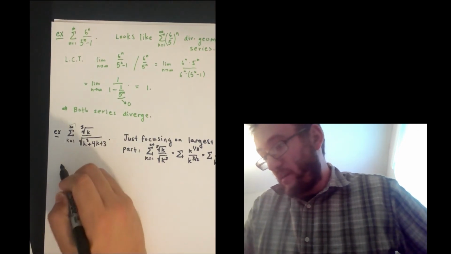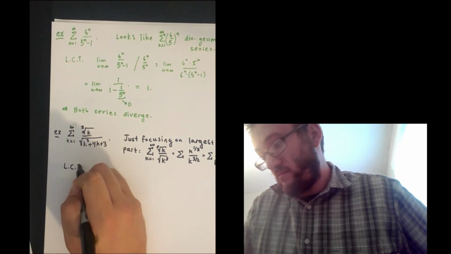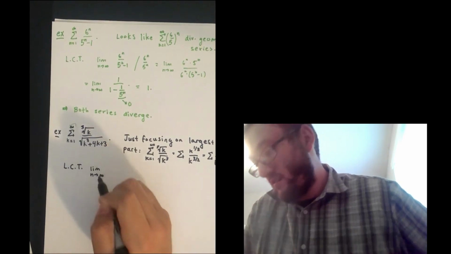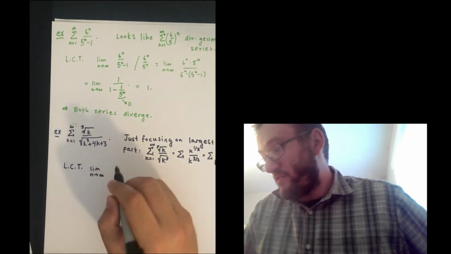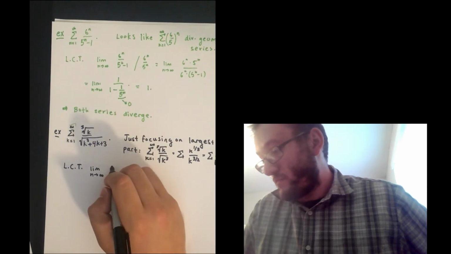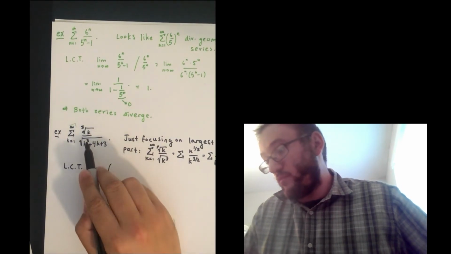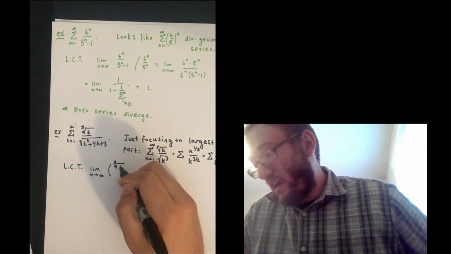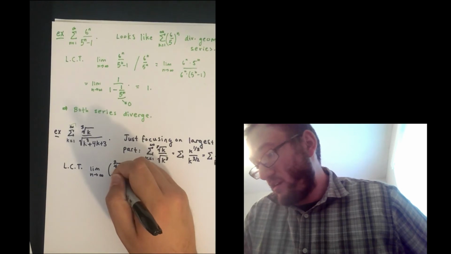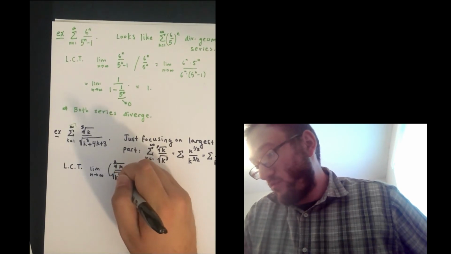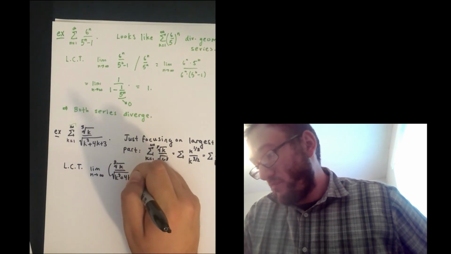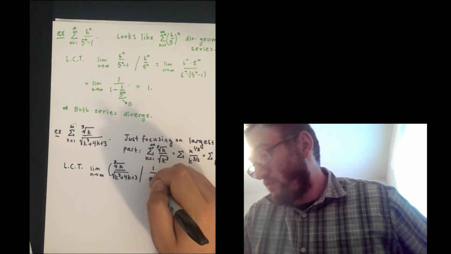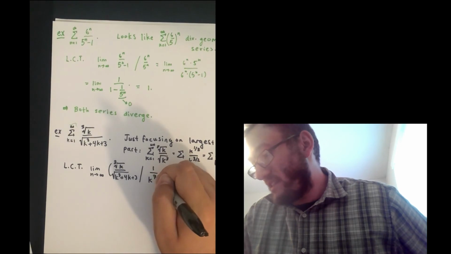So let's do the limit comparison test. Limit as k goes to infinity of the term of one series divided by the terms of the other series. So it's cube root of k divided by square root of k cubed plus 4k plus 3, divided by 1 over k to the 7/6.